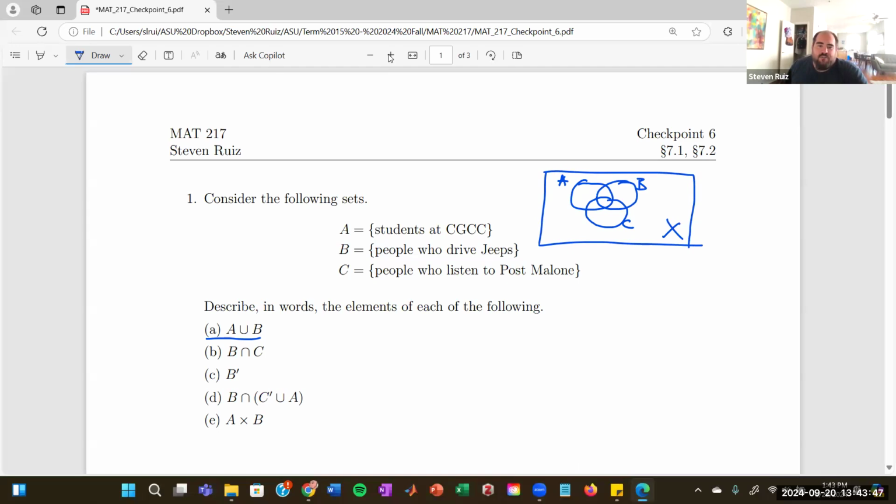Because there could be people who don't fit into A, B, or C. Like what if I'm an ASU student who drives a Toyota and I don't listen to Post Malone? Well, then I'm going to be out here. So that's what that universal set is. It's something we've talked about as well. But what A union B is, it's these two things here. Anything that lands in either A or B and possibly both. So students at CGCC or people who drive Jeeps or both.